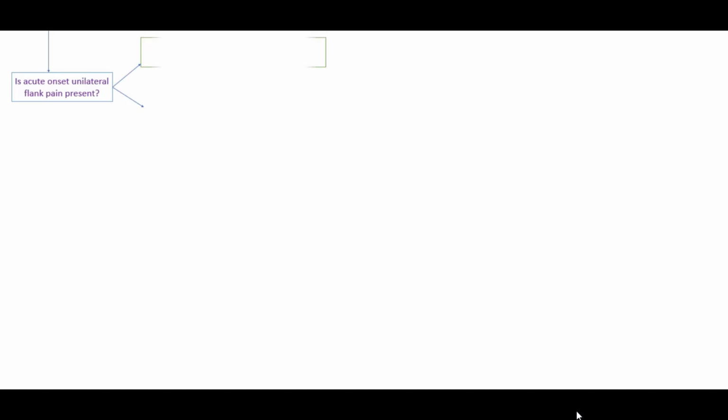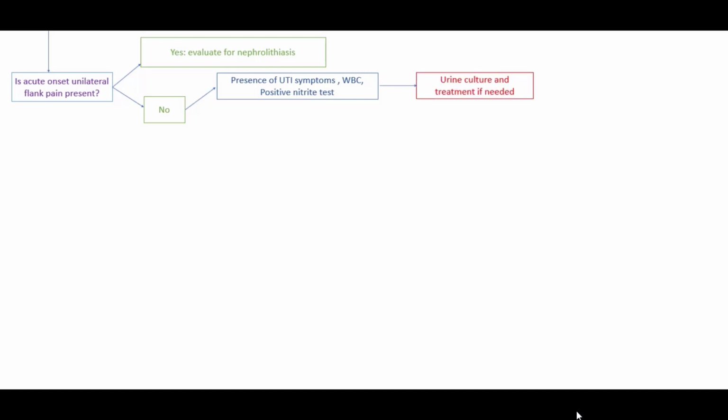If yes, we have to evaluate for nephrolithiasis. If no, we ask the second question: are there UTI symptoms, white blood cells, positive nitrite? If yes, we ask for urine culture and treatment if needed.